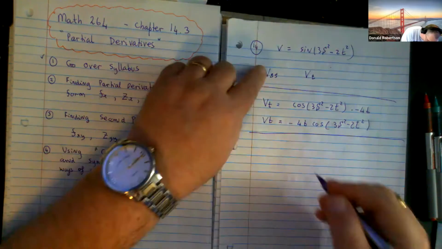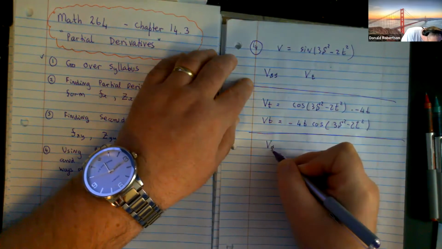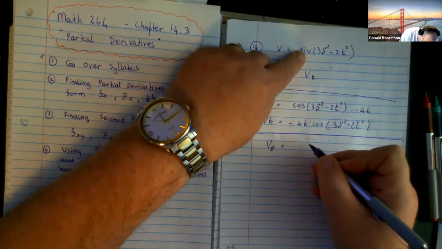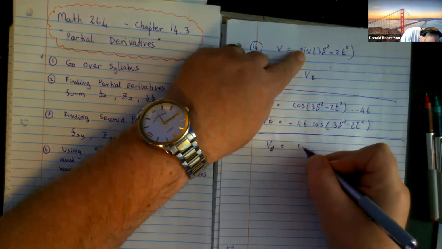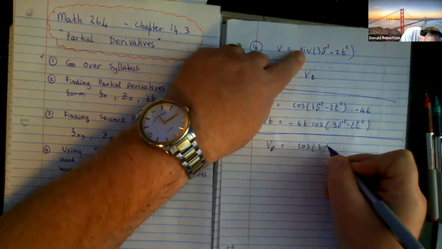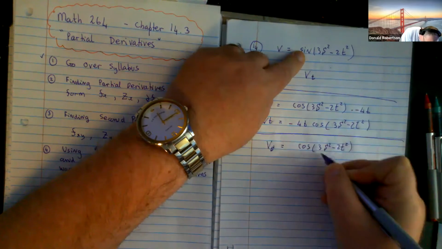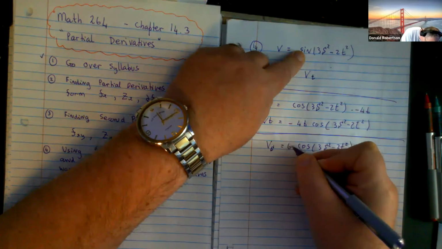Okay, now this one. First, I have to do the first partial derivative with respect to s. Differentiate the sine of something, you get the cosine of it, times the derivative of the inside function, which just gets you 6s.